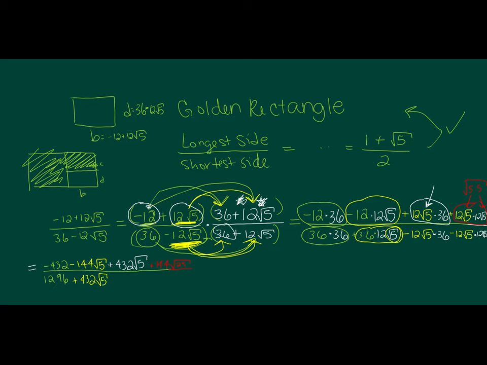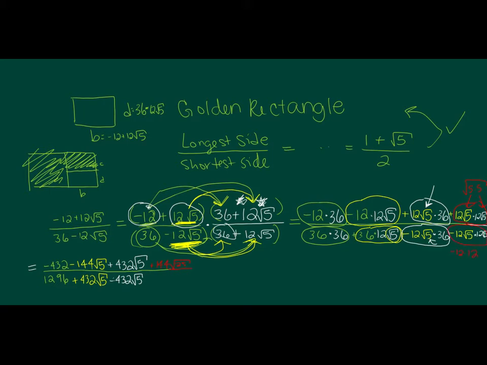Keep looking here. We're going to do negative 12 times 36. That's negative 432. It also has a single square root of 5 attached to it. Okay. Then lastly, the last numbers that we're multiplying together, I have negative 12 times 12.